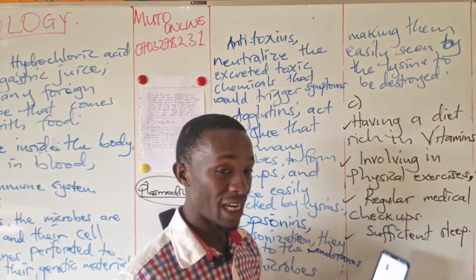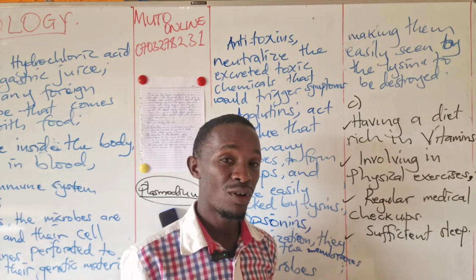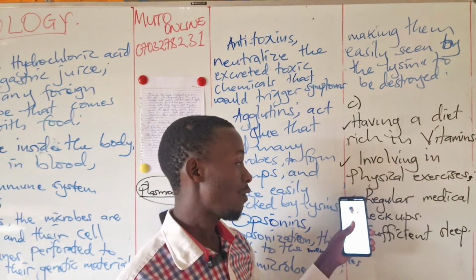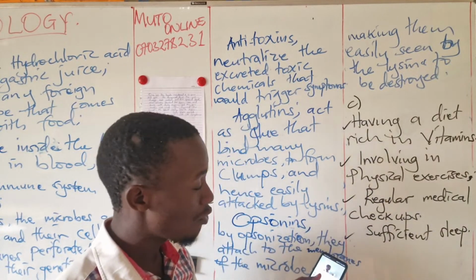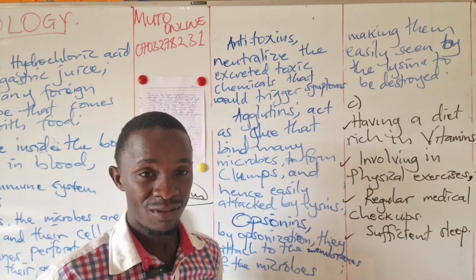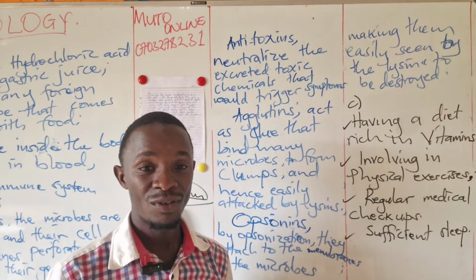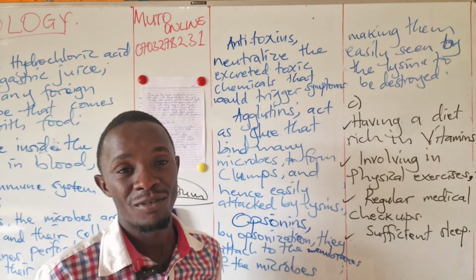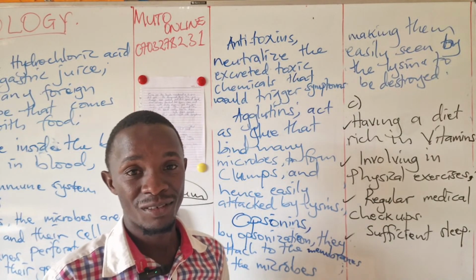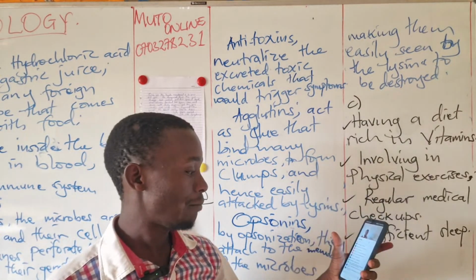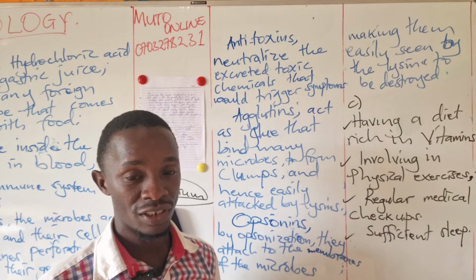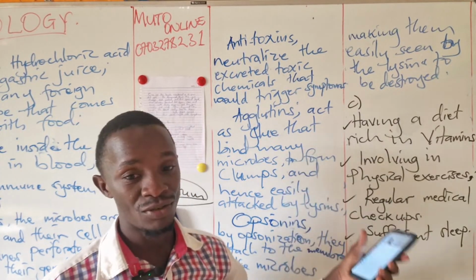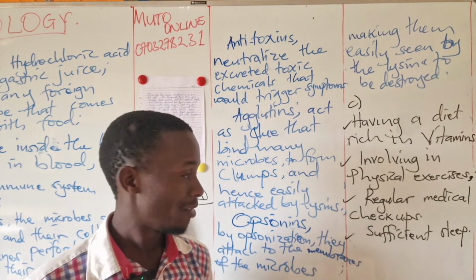Regular medical checkups is vital. We know the reason. Whenever you go for a medical checkup, they can tell you about the amount of blood cells you have, or the immune cells you have, and the maximum you should have, or the minimum you should have. So regular medical checkups always keep you informed about your immune system, and they always advise you accordingly.